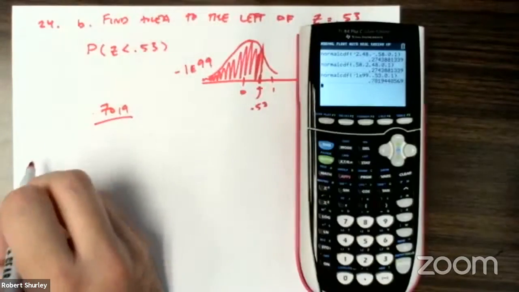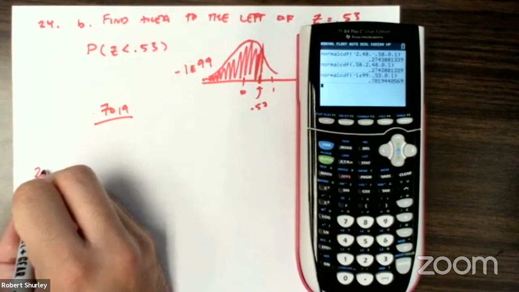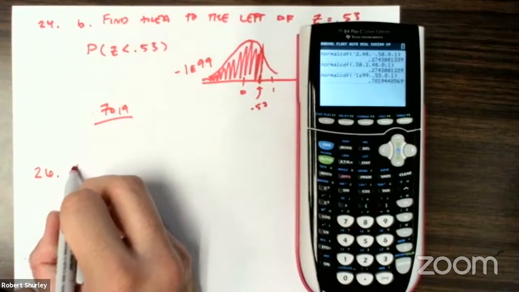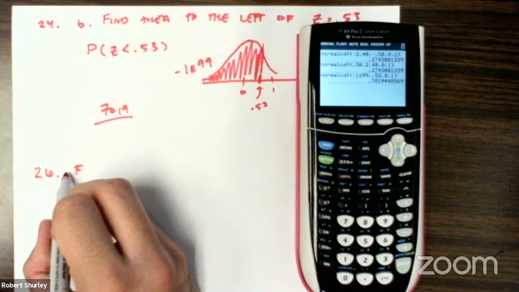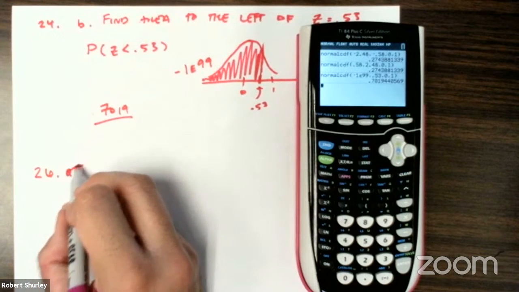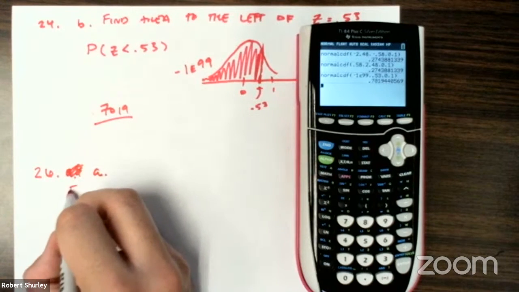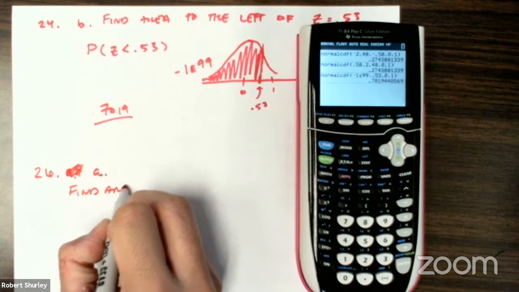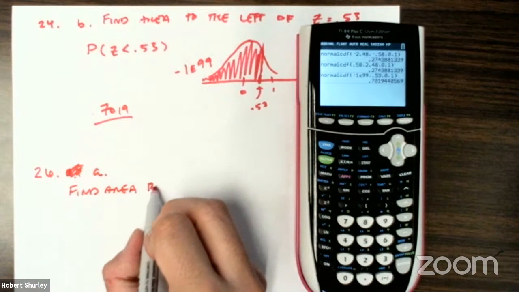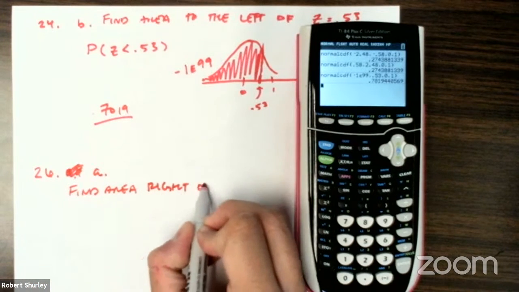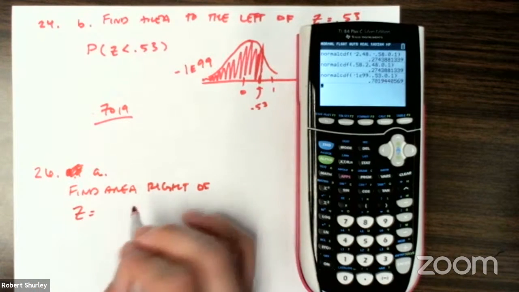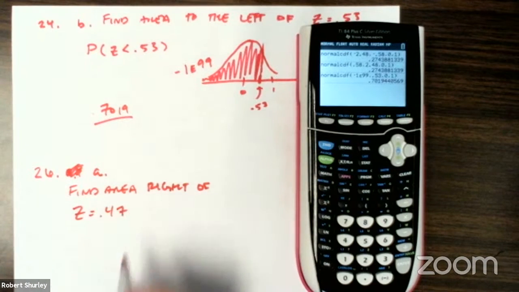Now I'm going to ask you number 26, part A. Find the area to the right of Z equals 0.47. So try that one, Lori.